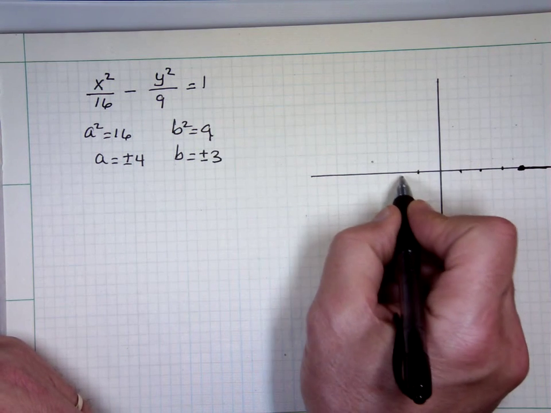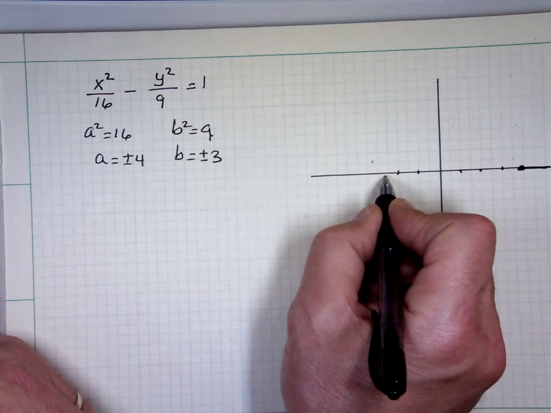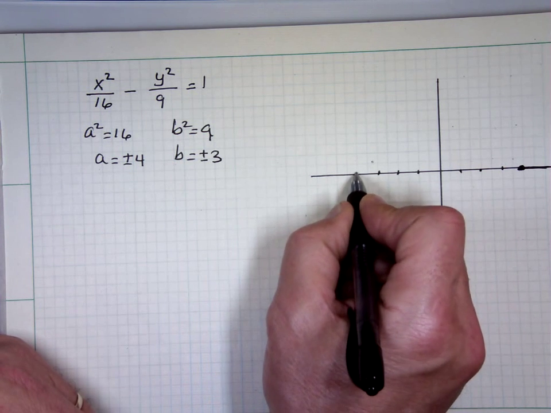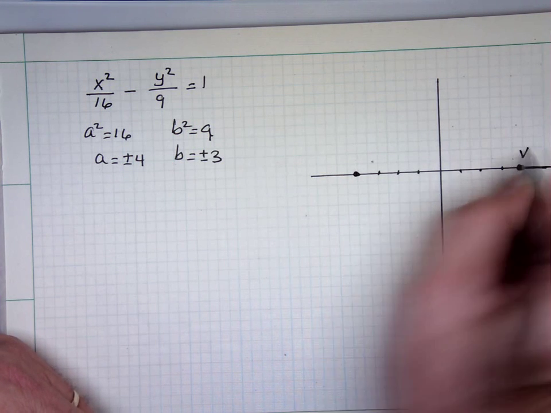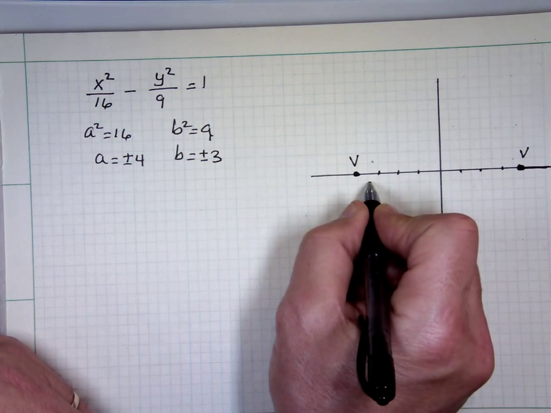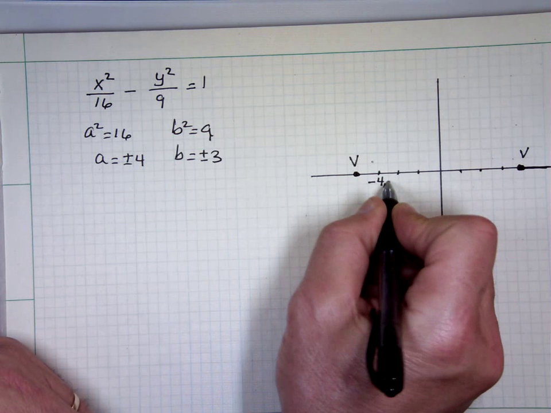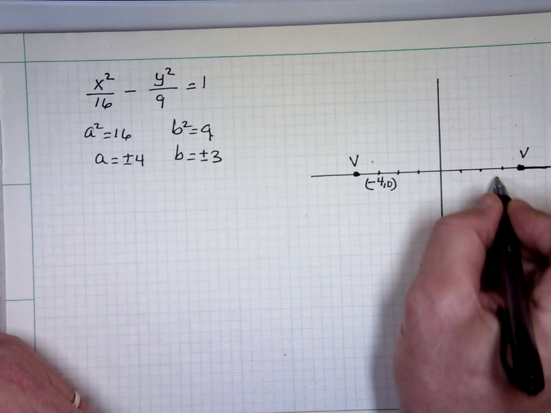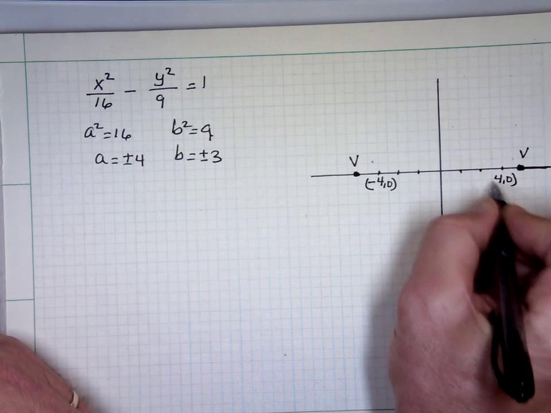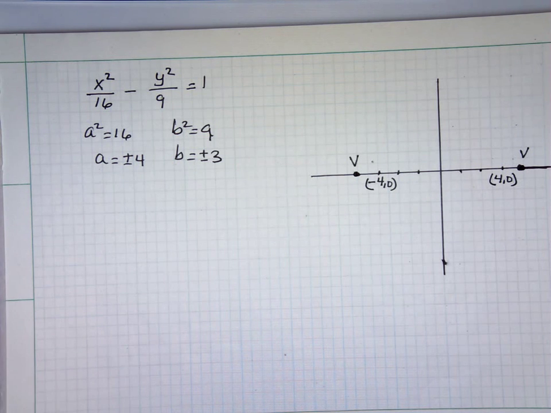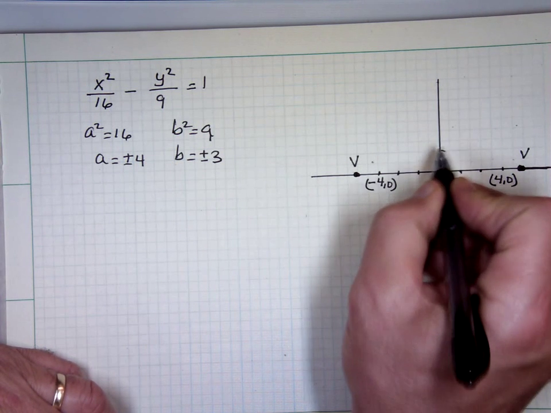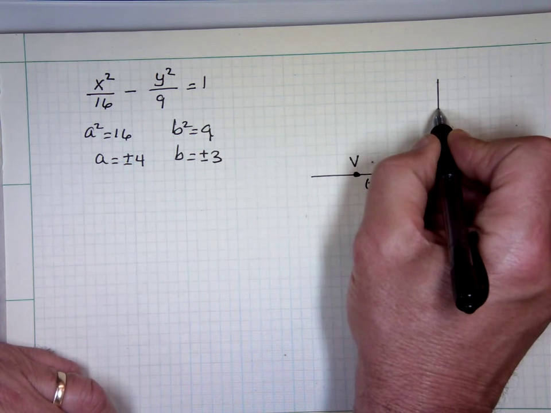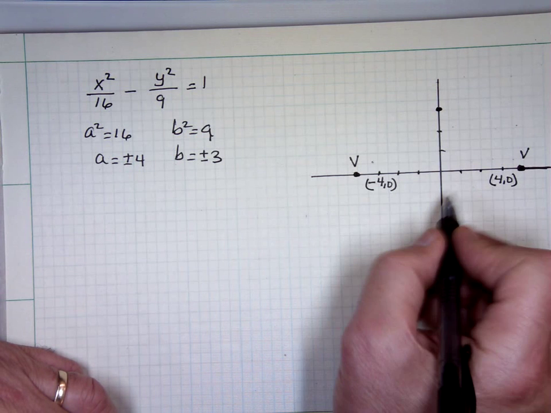Negative 1, negative 2, negative 3, negative 4. So I have my vertex right here. This is negative 4 comma 0. This one is 4 comma 0. B is plus and minus 3. 1, 2, 3. This is B.